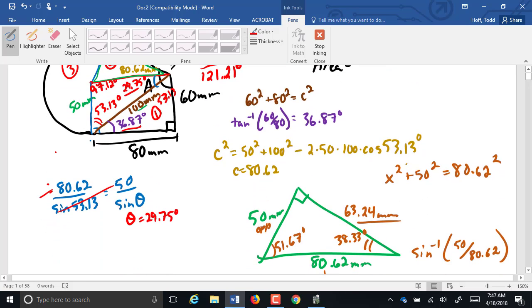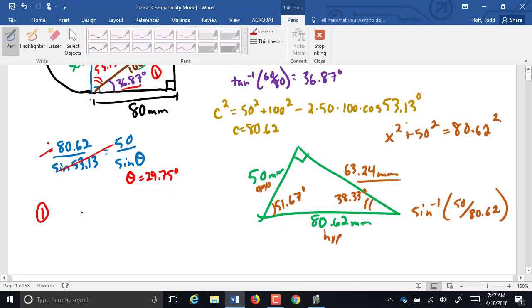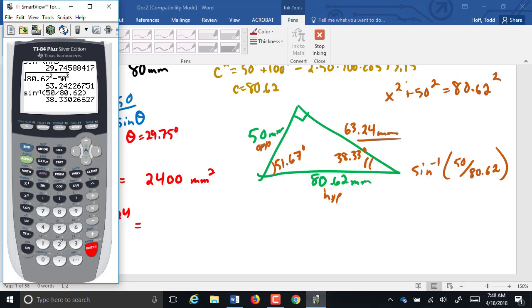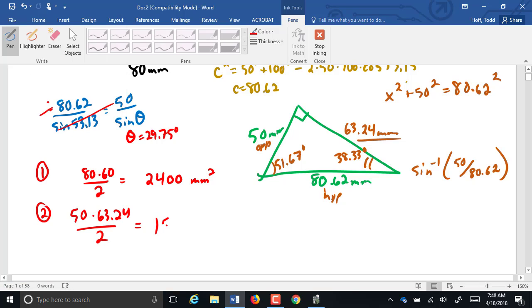Area 1 is just, you got 80 times 60, of course divided by 2 because it's a triangle, 2,400. Triangle 2, 50 times 63.24 divided by 2. 1581.